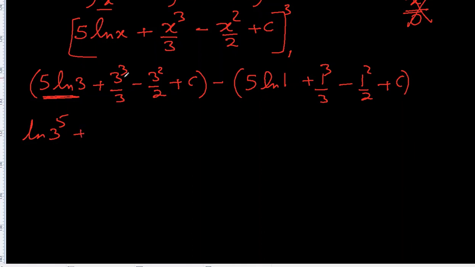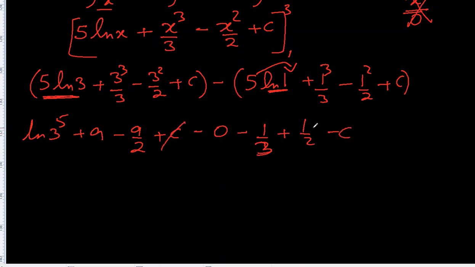This 5 goes and becomes the exponent, plus 27 over 3, 9, minus 3 square over 2, 9 over 2, plus c, minus this 5 also goes and becomes its power, but ln 1 is 0, so there is no advantage of making it a power, minus 1 over 3 plus half, and minus c. Plus c and negative c cancel out. This becomes ln 3 to the power 5, which will be 243.